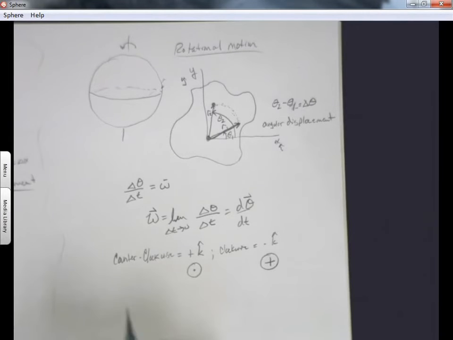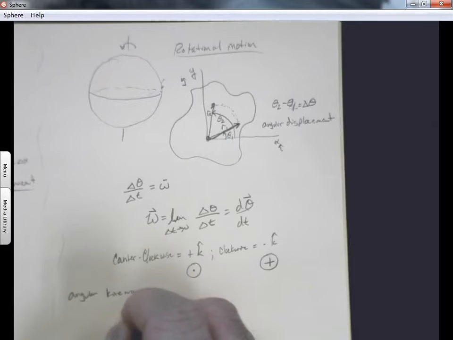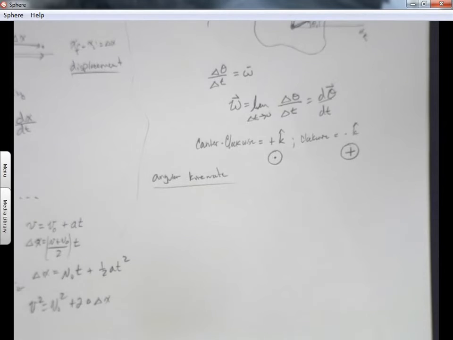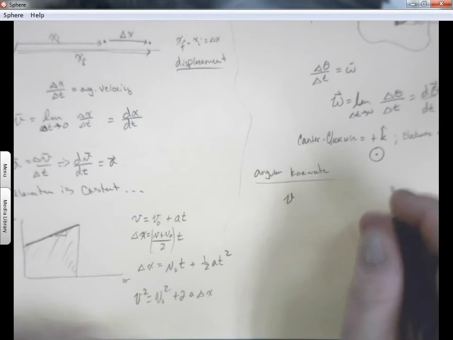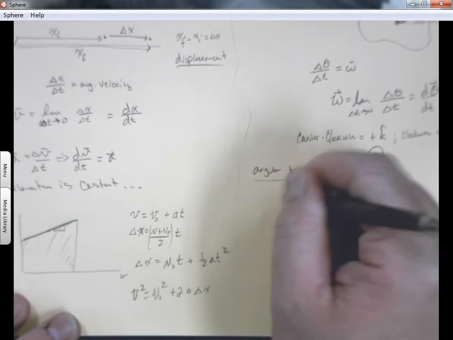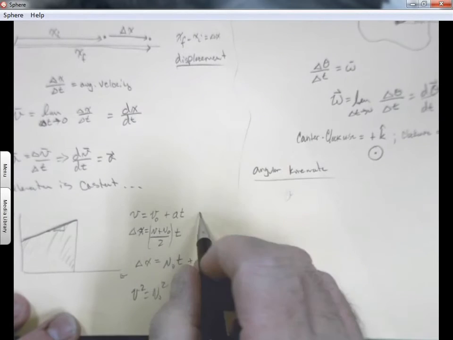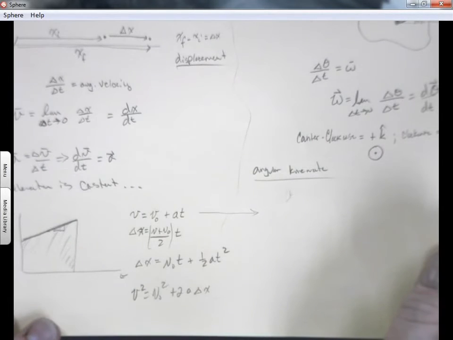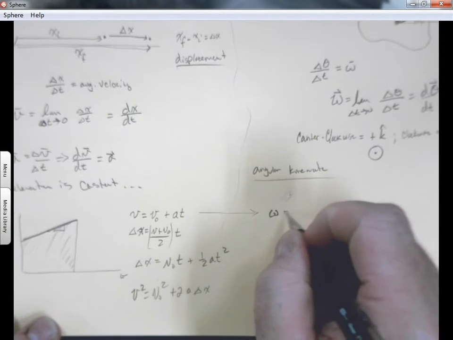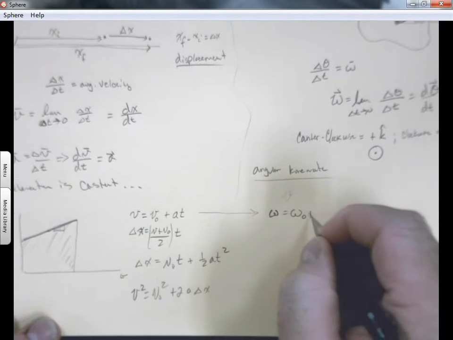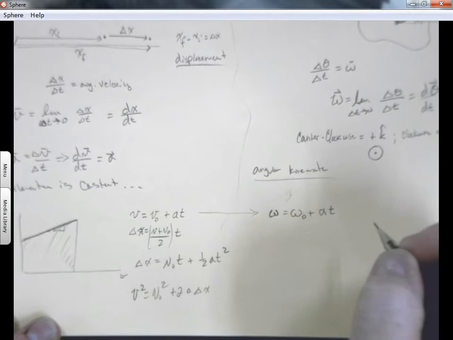Because of this, we wind up with our angular kinematic equations, and they are exactly analogous to the linear ones. Just as we have v equals v naught plus a t, this has a directly analogous equation in angular kinematics: omega equals omega naught plus alpha t, which we didn't get to over here, by the way.